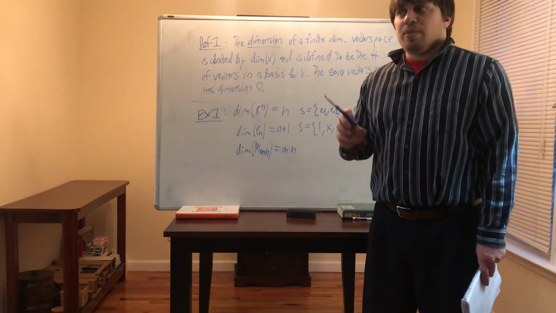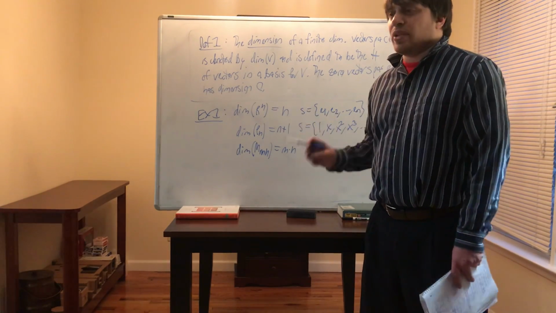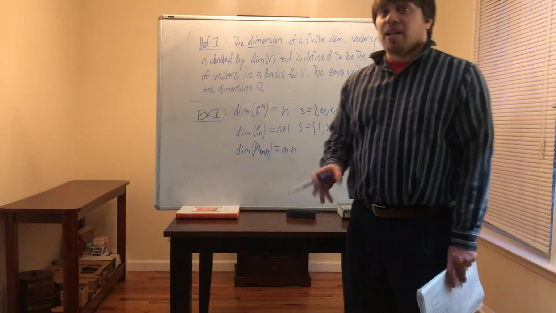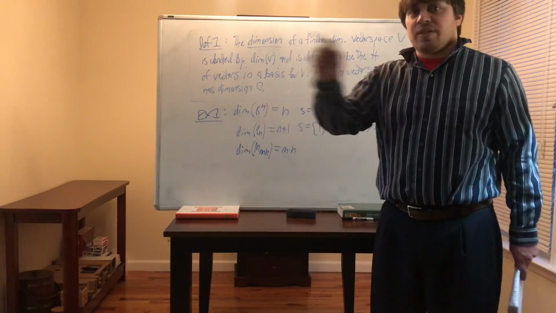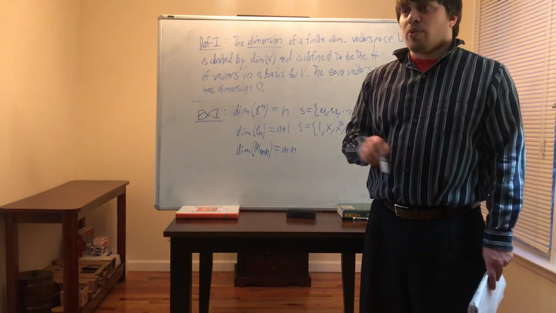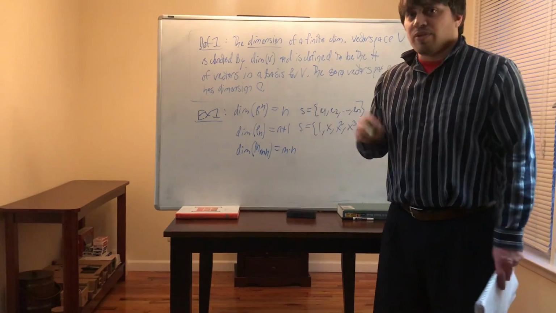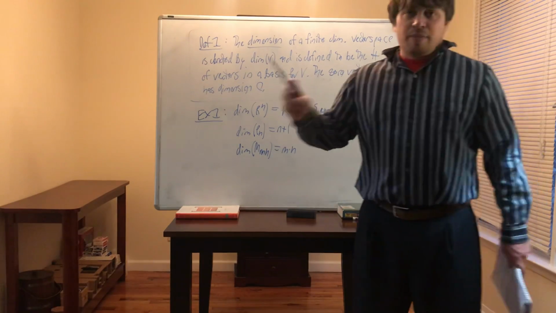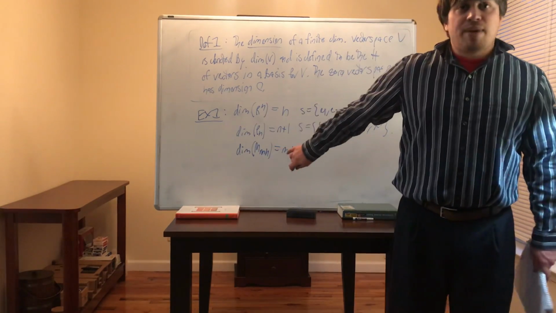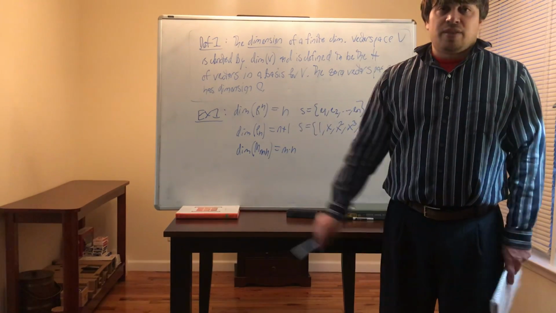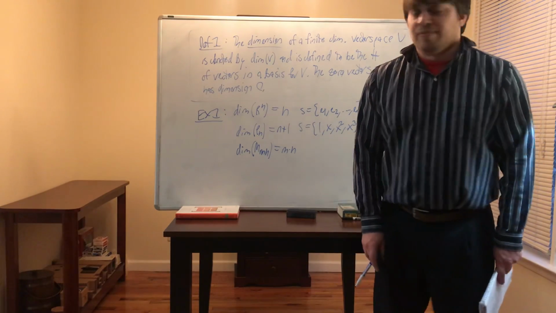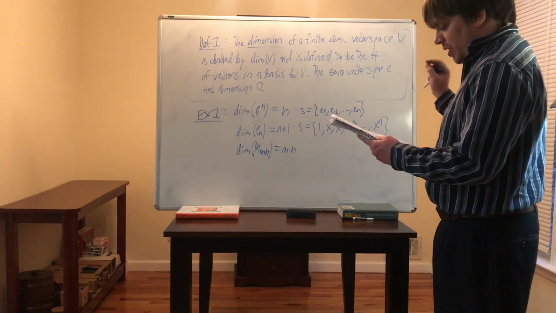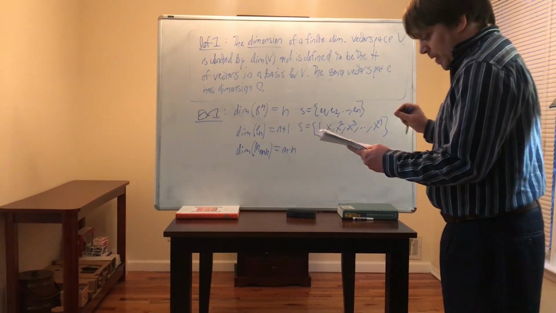There are m times n entries, so each basis vector would correspond with having a 1 in one of those m times n positions and zeros everywhere else. There would be m times n basis vectors for a basis for M sub m n. And so this dimension is m times n. Okay? So those are 3 examples of the dimensions of vector spaces.